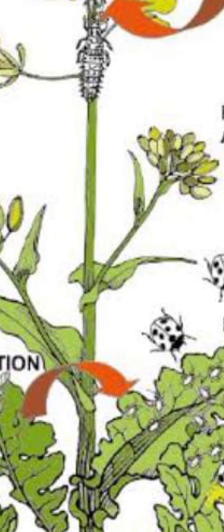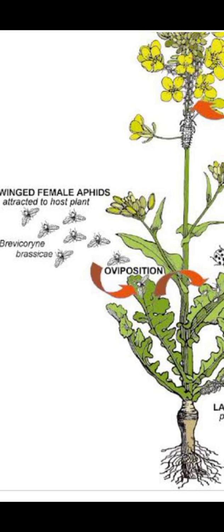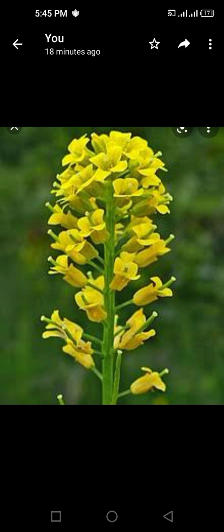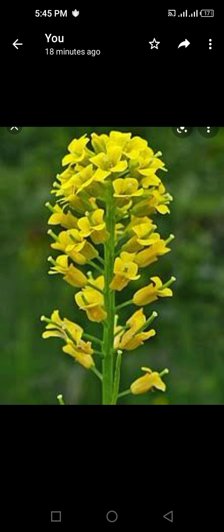Let's discuss the reproductive part: the flower. Flower is called the reproductive part of the plant. Okay, let's see the flower in detail. This one is the flower of Brassica campestris.